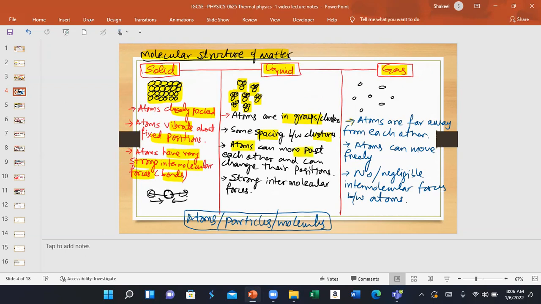So atoms can move past each other and change their positions, and still they have strong intermolecular forces between them. About the gas, the particles are far apart, far away from each other. The atoms can move freely and there are no or negligible intermolecular forces between the atoms as they are free to move anywhere.